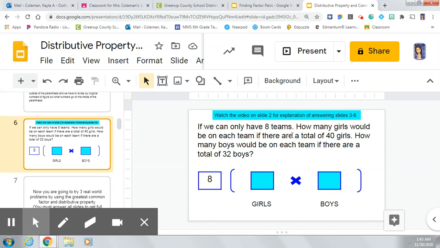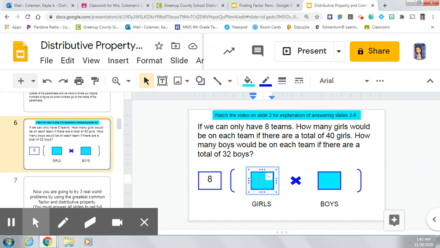Okay, so if I originally have 40 girls and I split 40 girls up into 8 teams, I'm really dividing 40 by 8 to get the number of girls per team. 40 divided by 8 is 5, so I would have 5 girls on each team. 8 times 5 is 40, so the distributive property would work.